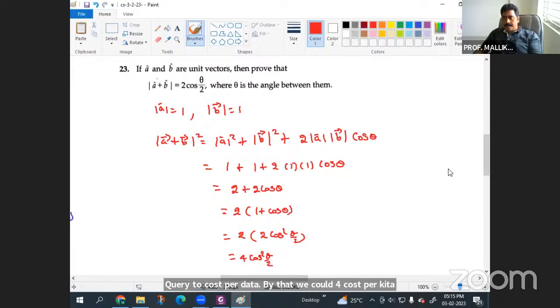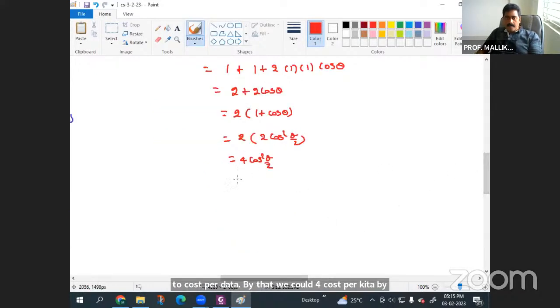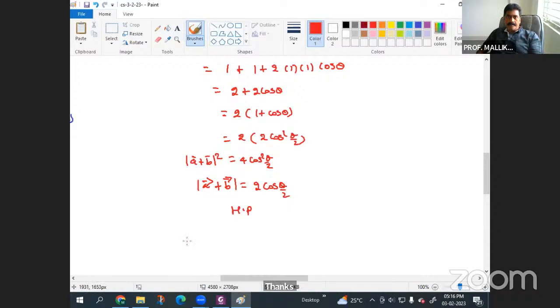Now mod of A plus B whole square equals 4 cos square theta by 2. Taking square root on both sides, mod of A plus B equals 2 cos theta by 2. Hence proved. Right?